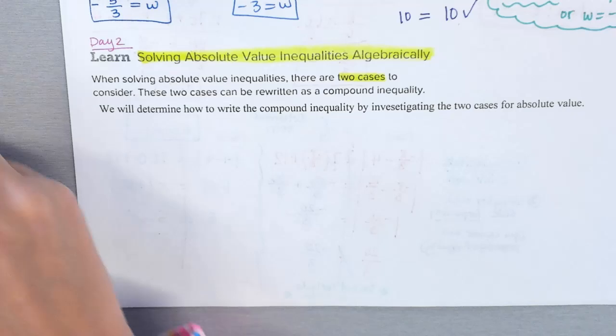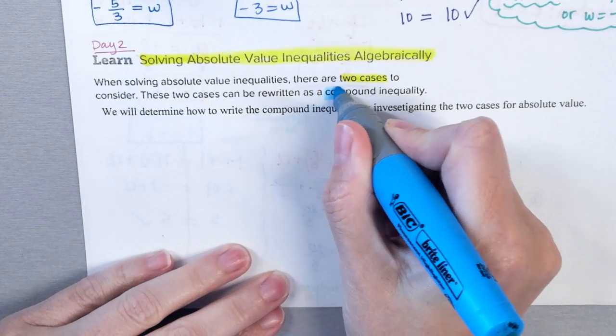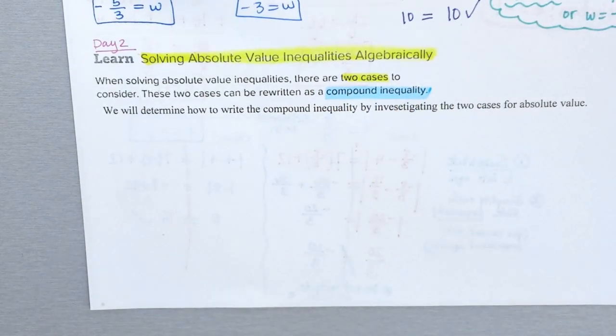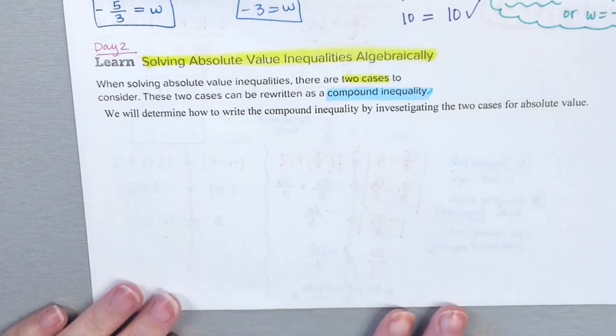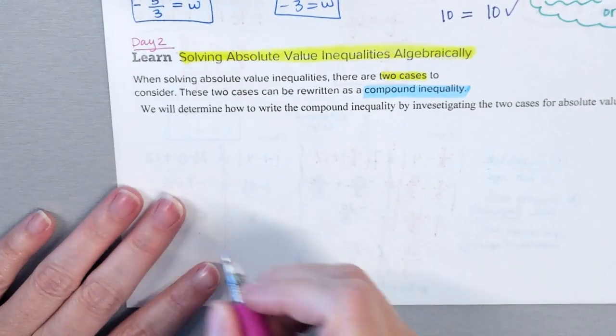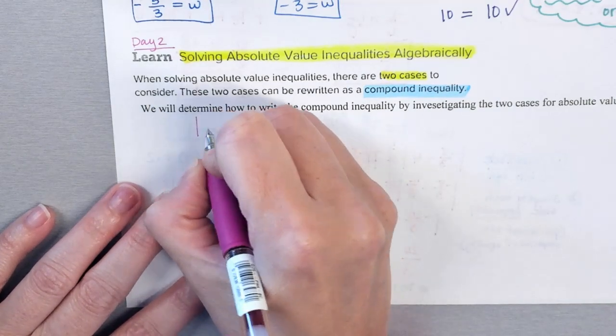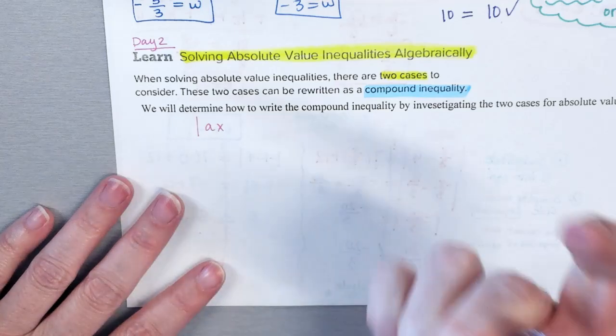So we're going to set up 2 inequalities, and we're going to investigate how to rewrite them as a compound inequality. We're going to investigate the 2 cases for the absolute value. So if you have some algebraic expression, I know a lot of times we do mx plus b.